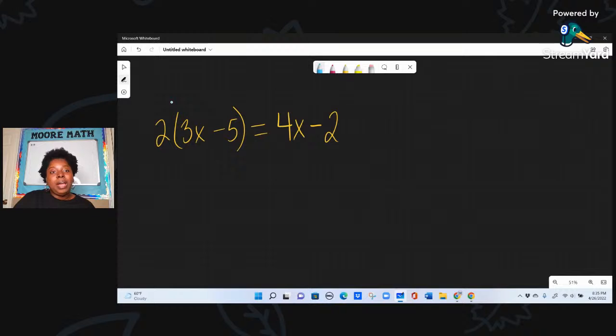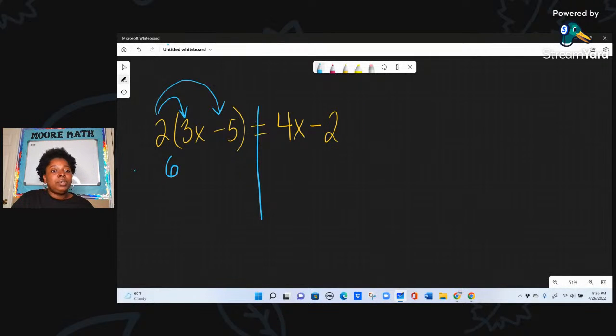So you have 2 options. This 2 outside the parentheses, side by side with the parentheses, is multiplication. You could get rid of this multiplication by dividing both sides by 2, and that would be perfectly fine. Or you can just do the distributive property. It's up to you. The distributive property says take this 2 outside the parentheses and multiply by everything in the parentheses.